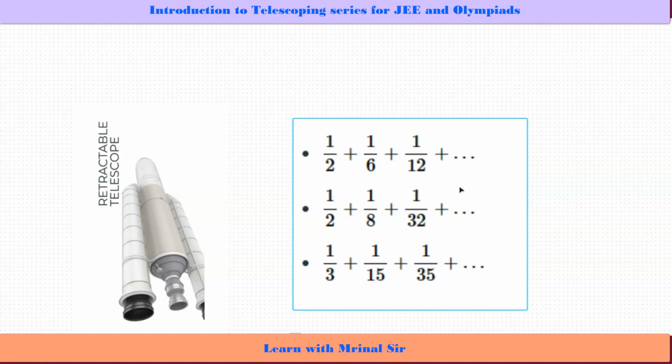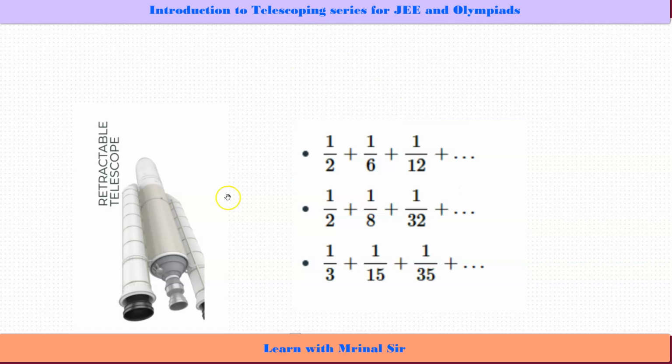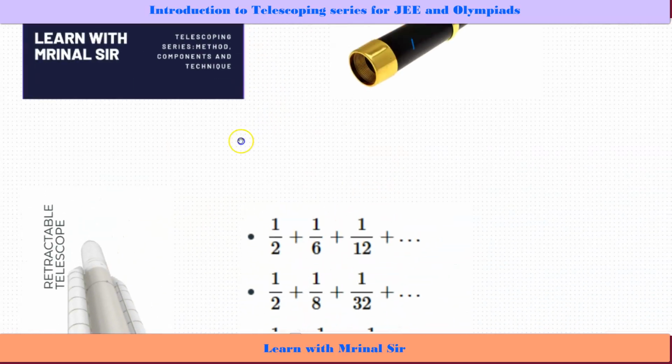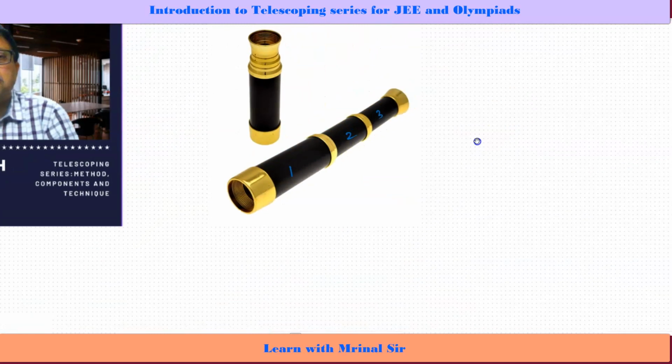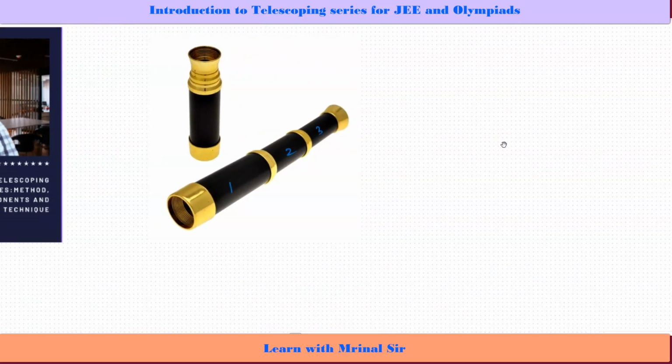When you extend or open a telescope, you see a longer view, like in the previous diagram. And when you retract or close it, sections slide into each other, becoming compact, just one here.